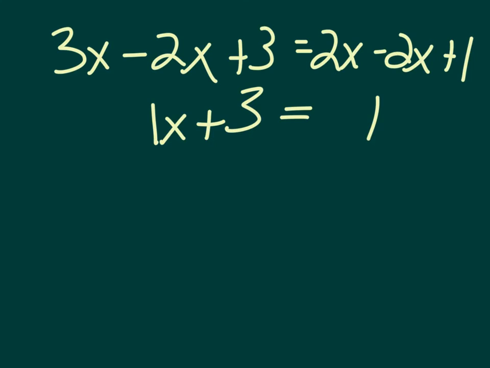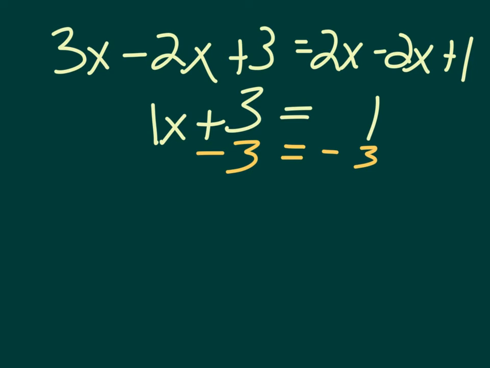I do not yet have x all by itself. To get x all by itself, I need to maneuver this 3 away from it. And again, I'm going to write down my equal sign, because I'm going to do the same thing to both sides. I have plus 3, because they're adding 3. The opposite of adding is subtracting.